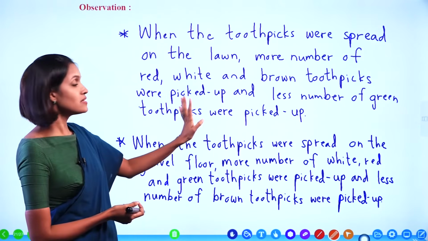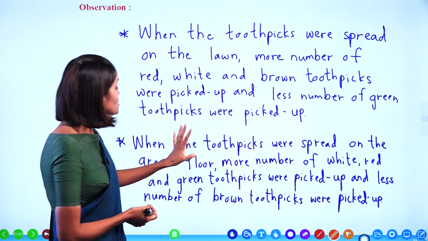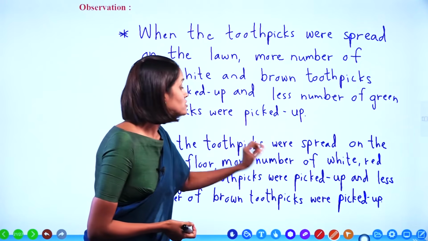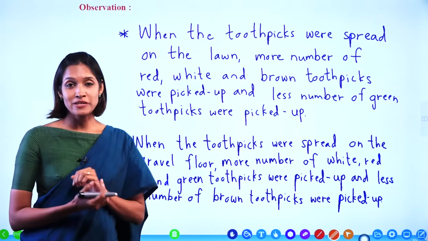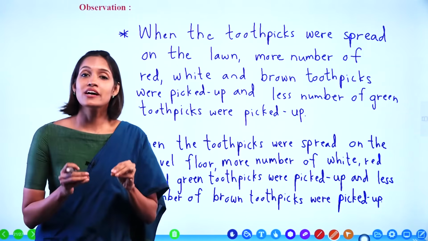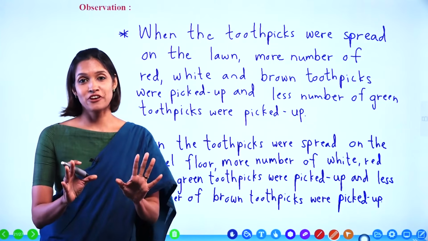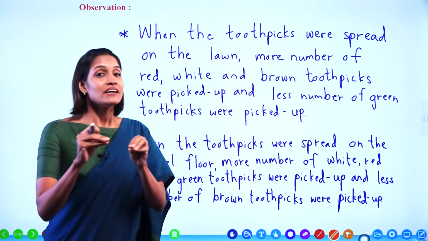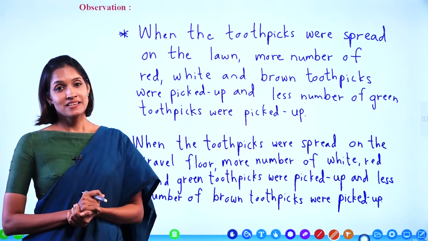Right? In the same way, when we spread the toothpicks on a gravel floor, the brown colored toothpicks blend with the environment color. Understand? So what happens? We can't spot the brown color at once. Therefore, those children pick the other toothpicks first.